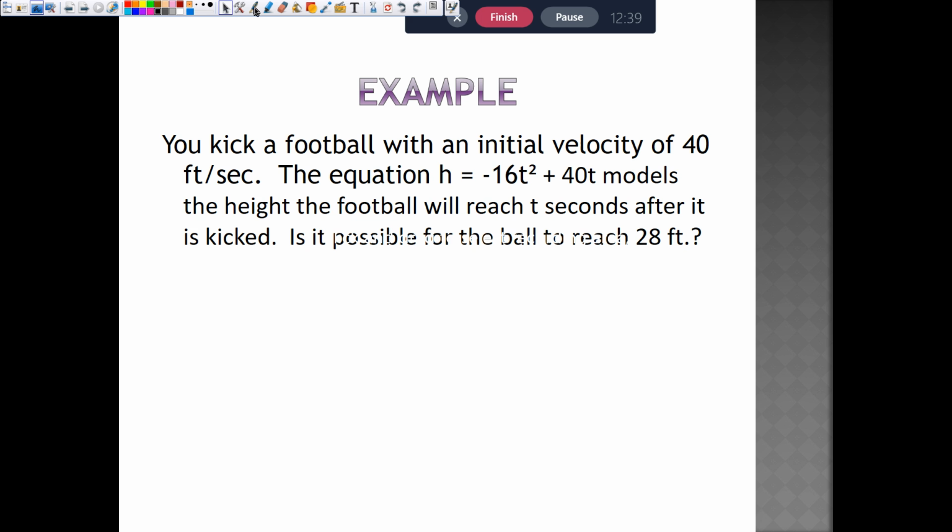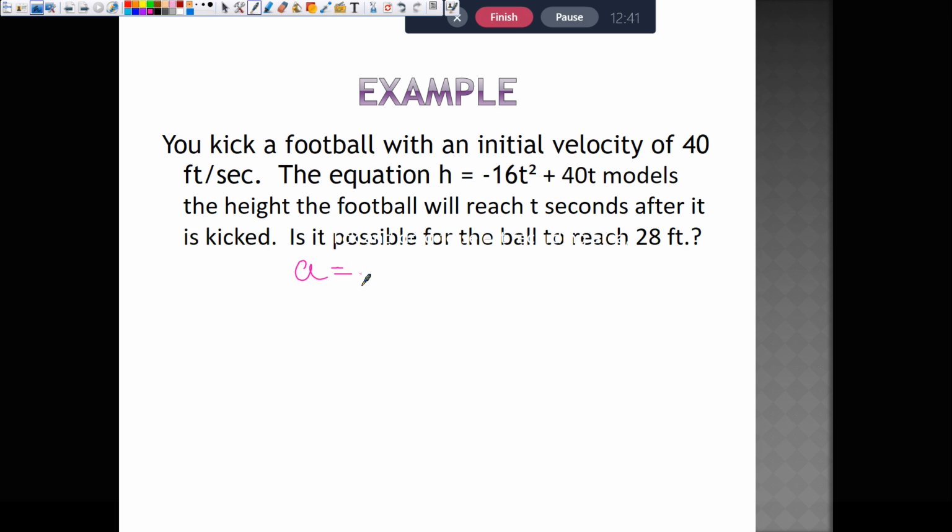So what would be my a here? The first number that has a square. Negative 16. What is my b? 40. And what is my c? 0. All right. So it's asking if it is possible for the ball to reach 28 feet. So what we have to do is find out how many solutions there are for when it's equal to 28.